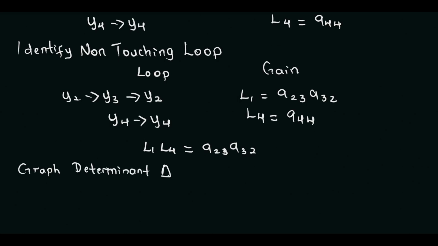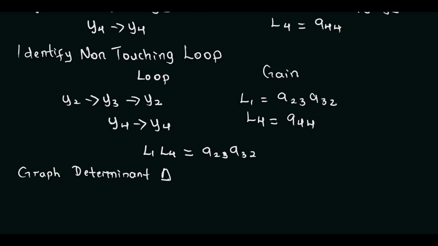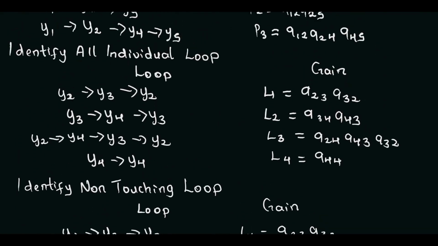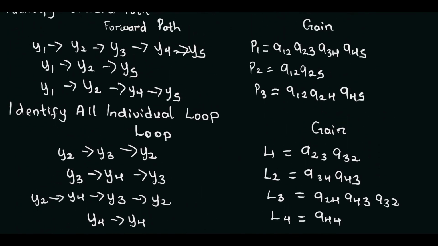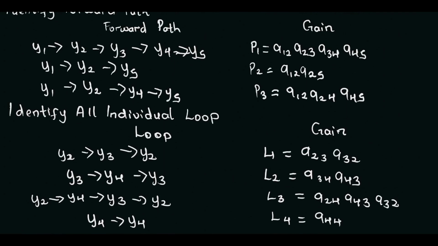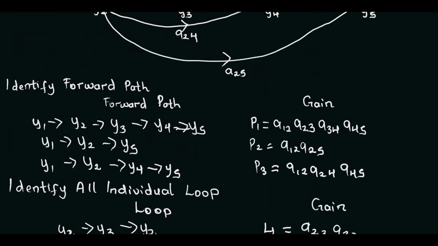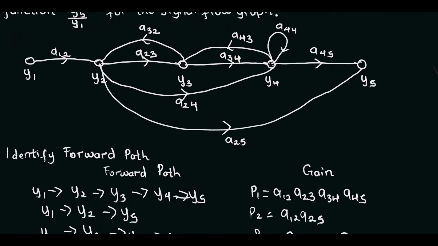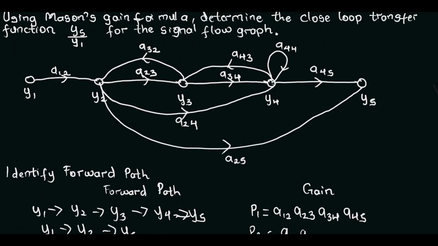So we are going to be calculating the determinant for each path. Let's start with delta 1. To find the graph determinant, you have to look at the loops that are touching the path.